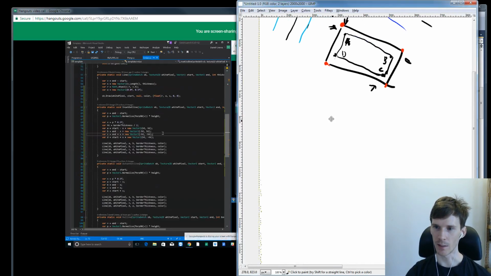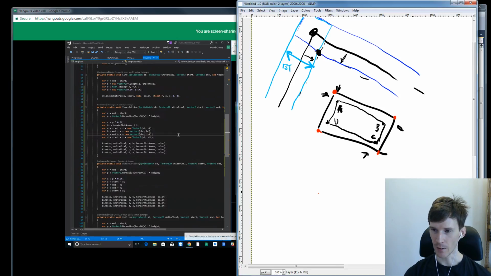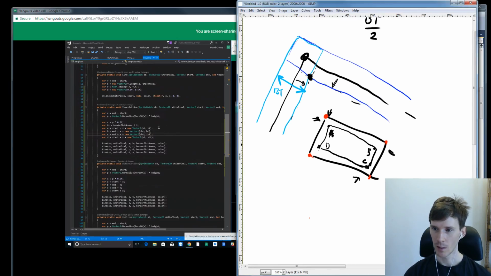What you've basically done is added the half thickness, but you've added it assuming that it's axis aligned. So you've gone from here, half thickness that way and half thickness that way, which ends up, add those two together, at this point here.